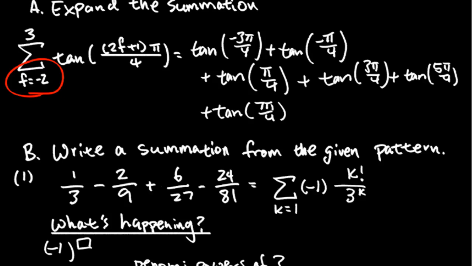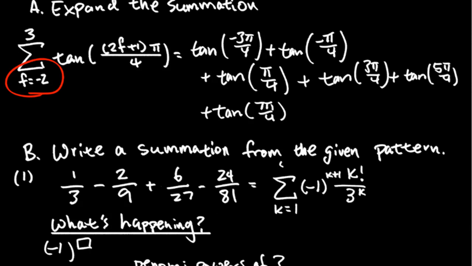And then if we look at this power, what that's supposed to be, if we start k equals 1, we want this thing to be positive first. So let's just add 1 to it, so that this becomes -1 to the power of 2, which just gives us +1. Okay, so where is this going to stop? Well, we know that 3 to the k, if we do 3 to the fourth, that's 81.